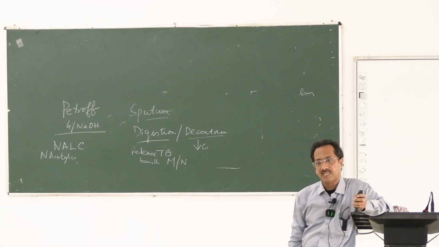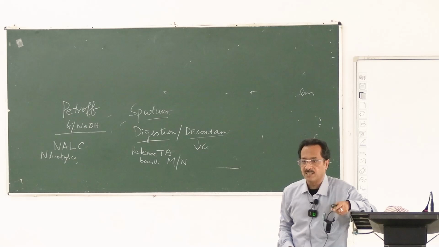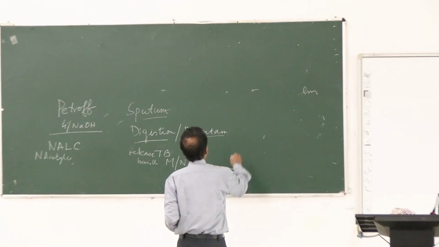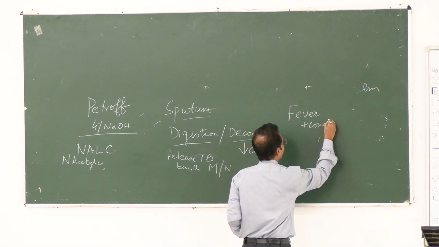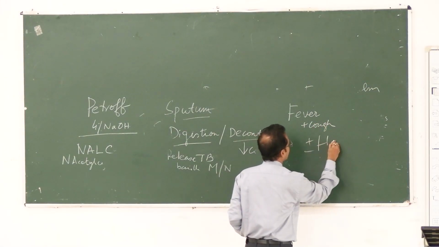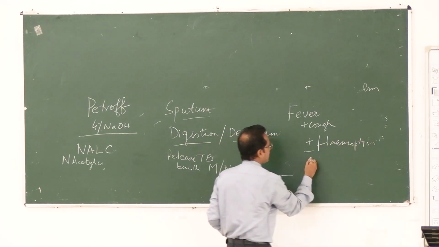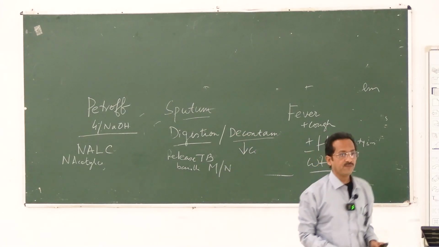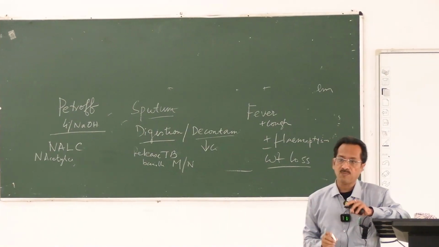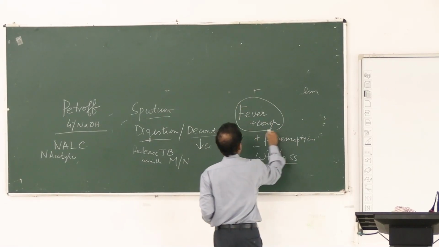Evening rise of temperature is common, though it may not be present in all patients. It may or may not be associated with hemoptysis. Other symptoms include weight loss. Fever and cough for more than 2 weeks is the mentioned duration.